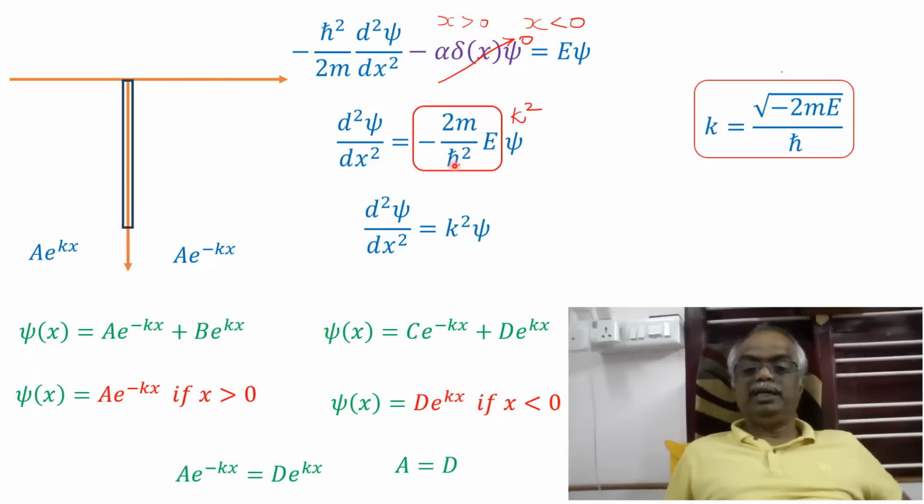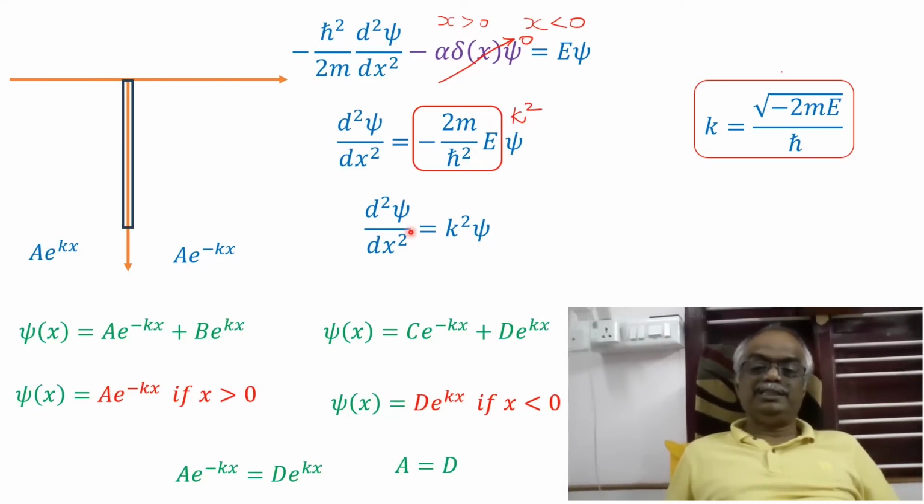Here I brought the negative sign inside the square root because in the case of a bound state, energy is negative. So this negative and this negative will become positive, so the square root is a real number. Then I can write this equation d2 psi over dx2 is equal to k squared psi.